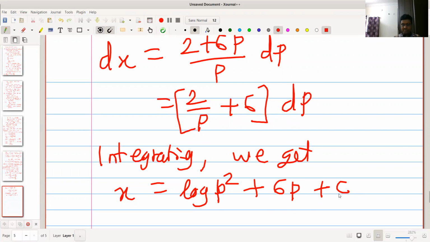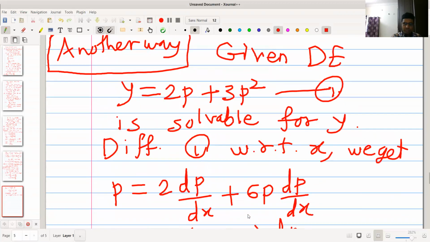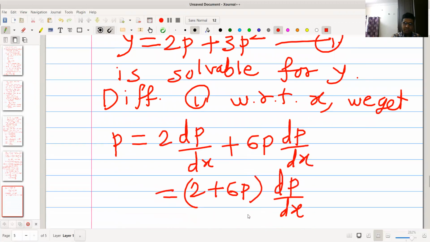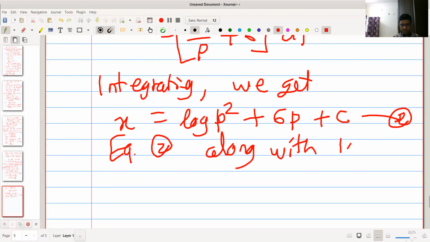We call this 2. Now it is not simple to eliminate p. So this equation 2 along with 1 forms the solution of the given differential equation. Okay, so this is also another way.